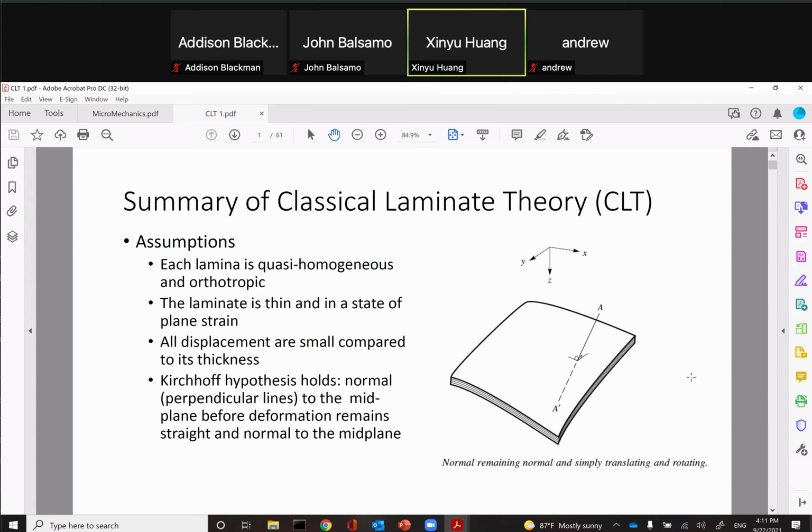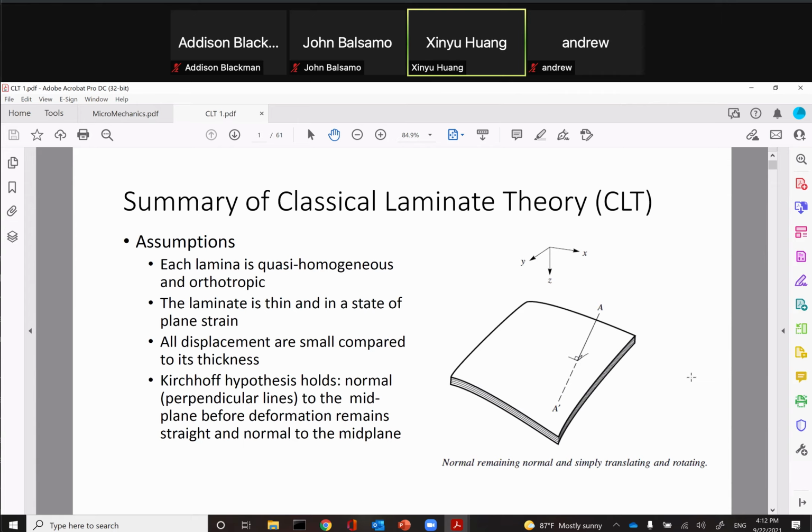It's in a state of plane strain. And then all displacements are small compared to the thickness. And the Kirchhoff hypothesis holds. The Kirchhoff hypothesis means that if you imagine there's a perpendicular line to the plate, and then you bend the plate, that perpendicular line remains perpendicular to the plate.